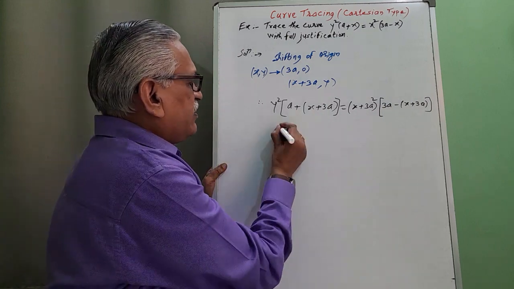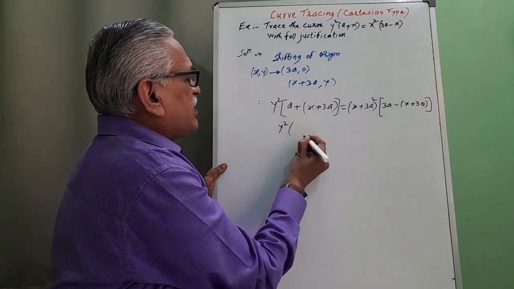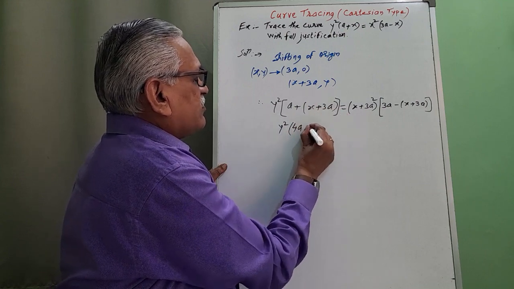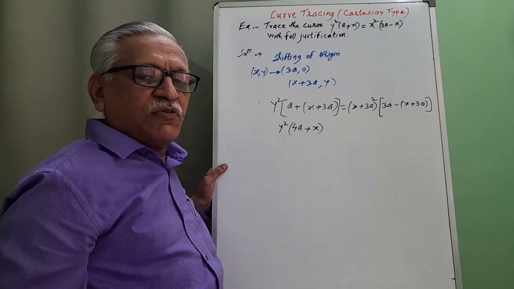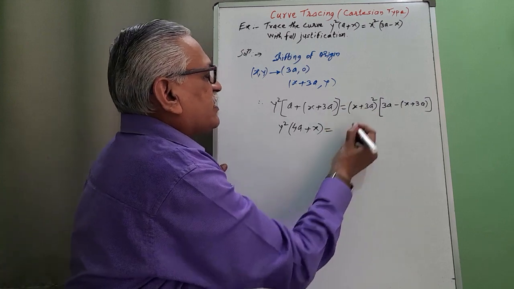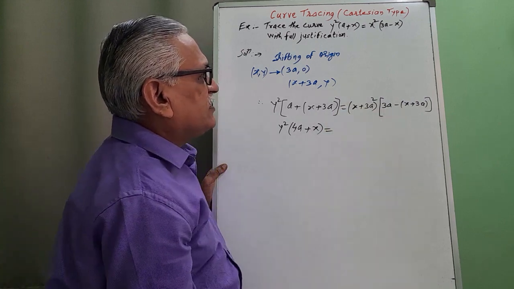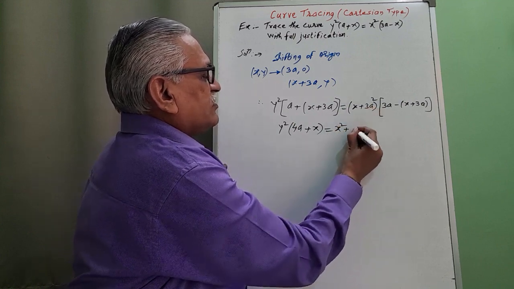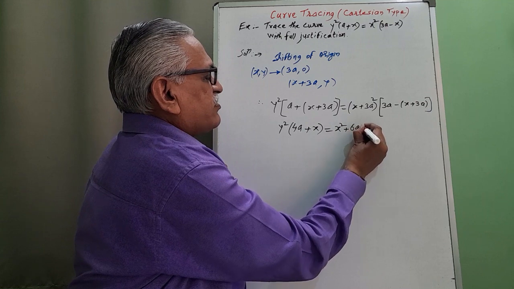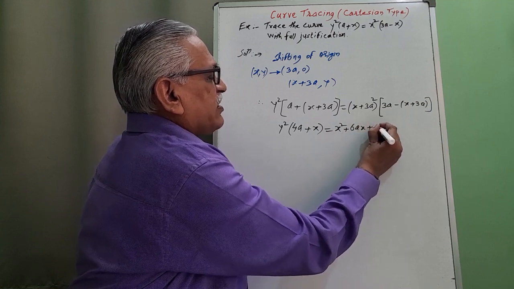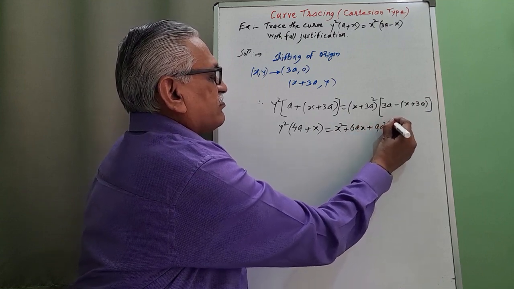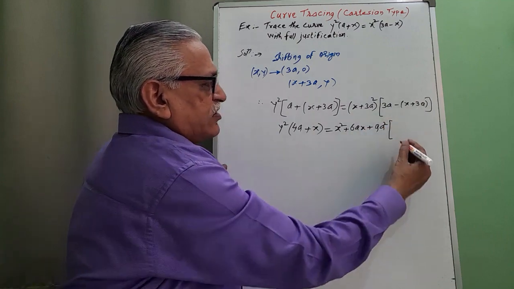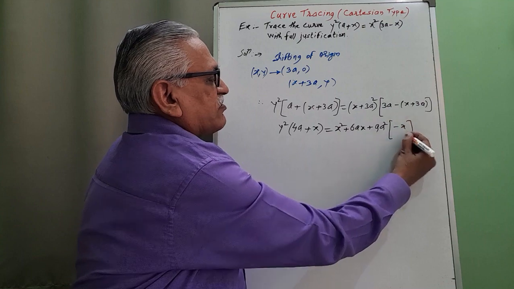Therefore we get y square multiplied by a plus 3a, we get 4a plus x as a term on the left hand side, and the term on the right hand side, if you expand it, is x square plus 6ax plus 9a square, that is multiplied by 3a get cancelled, we get minus x.